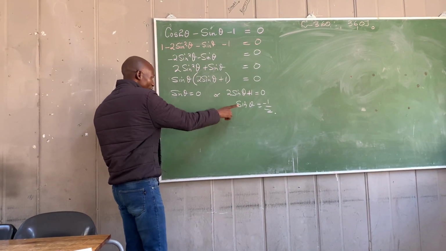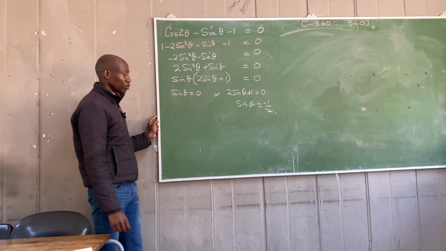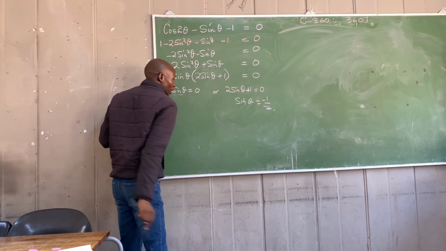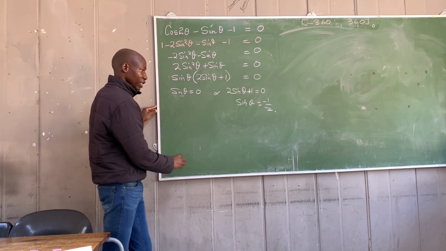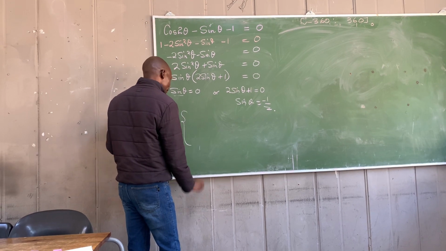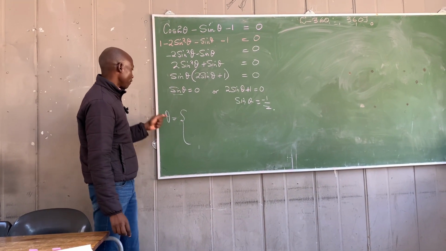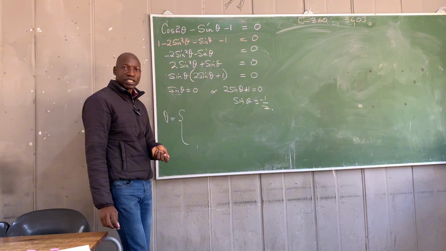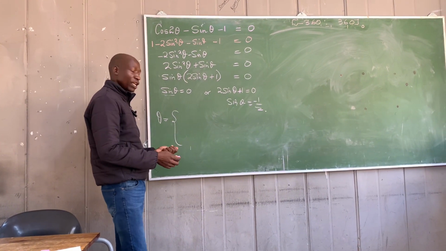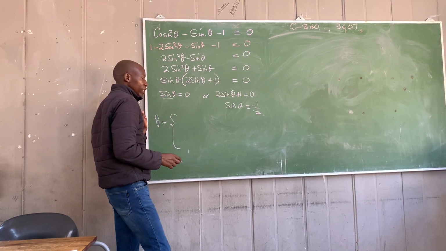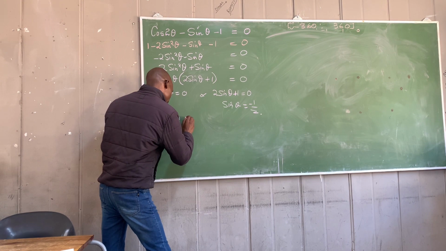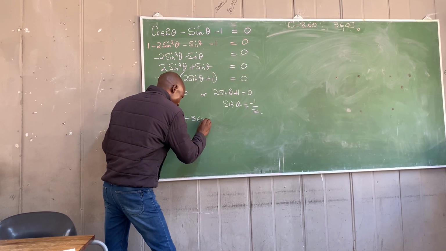Now when you are at this stage, you are concluding your solution, and we are in the sine equation, and this is completed as follows. Our theta will be equal to, the sine will have two solutions. The first one that we get from our calculator is our reference angle, and the second one is subtracted from 180. So for sin theta equal to 0, we get the first one as 0 plus 360k.